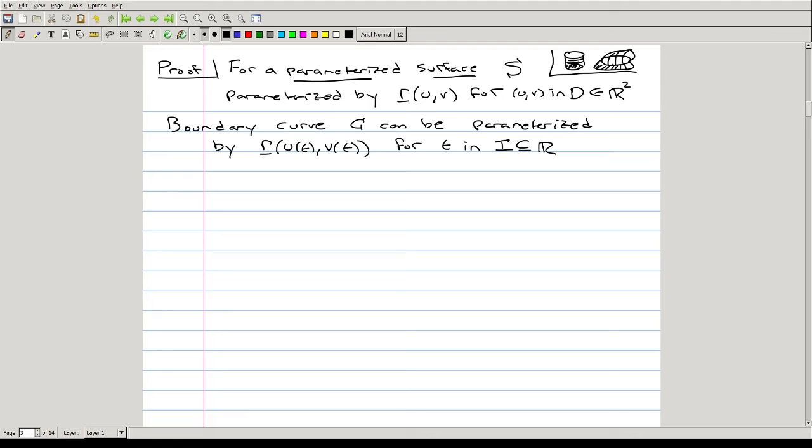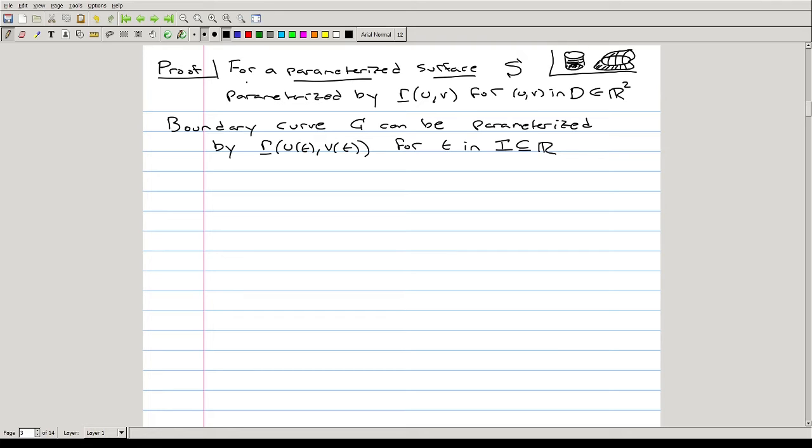Once we prove Stokes' theorem for a relatively simple surface parameterized like this, the extension to piecewise surfaces with finitely many pieces is relatively straightforward.